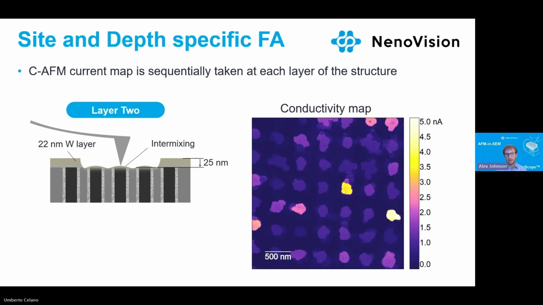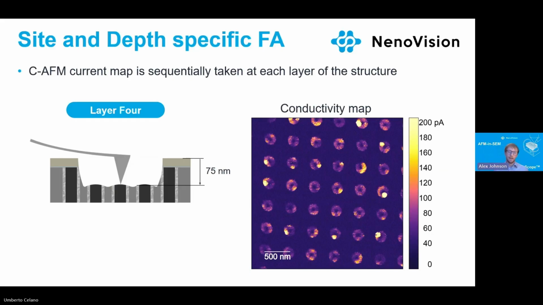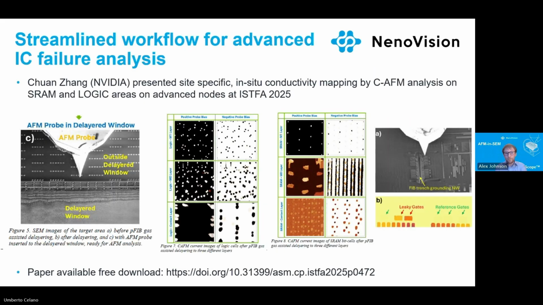We have the delayered structure, and then the conductivity map. And we can flick through the next slide as well, and then go into the next level. Now we see how the conductivity map is changing layer by layer.